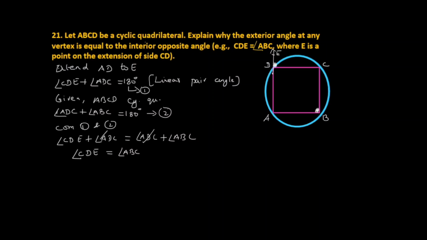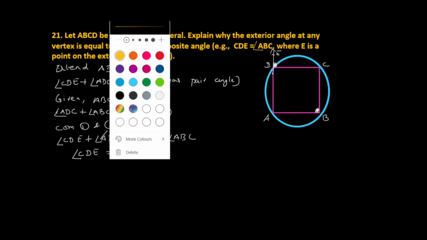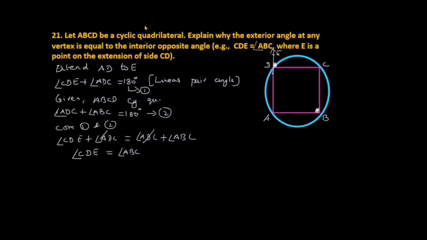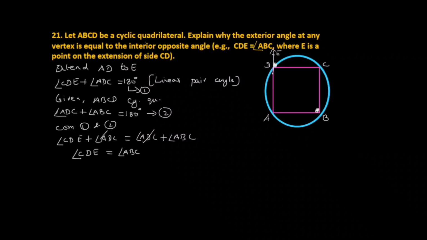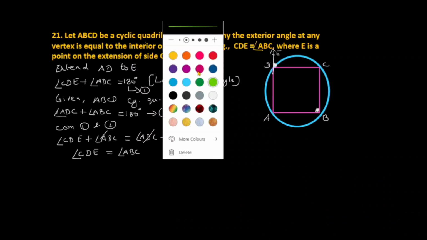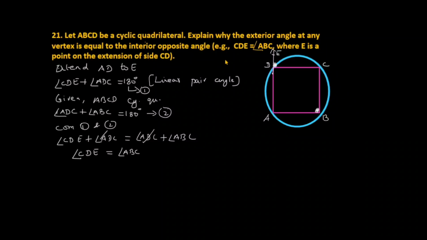If we take another example, suppose we extend some other side. Say I am extending this side, and this is F. Another way we can check: extend AB to F. What can we get?